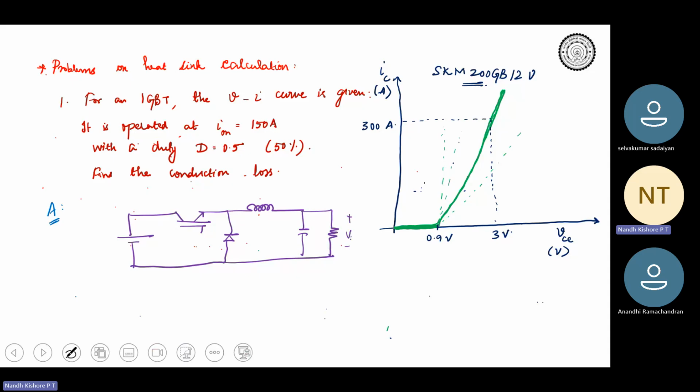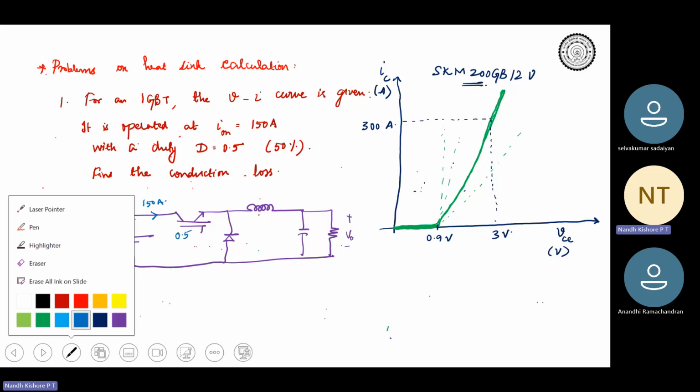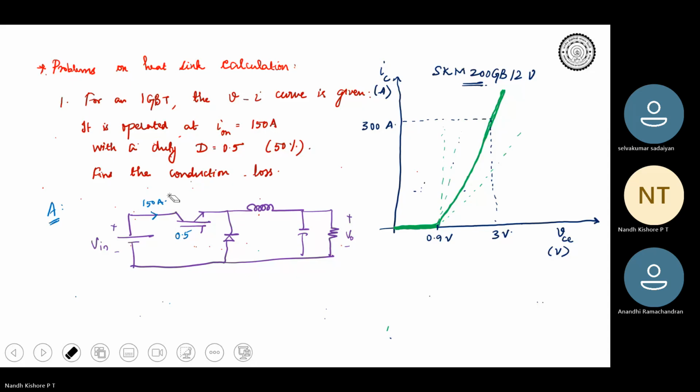You have V in and V naught. This is what we are talking about, and they have told that this particular current is going to be 150 amperes, and D is 0.5.